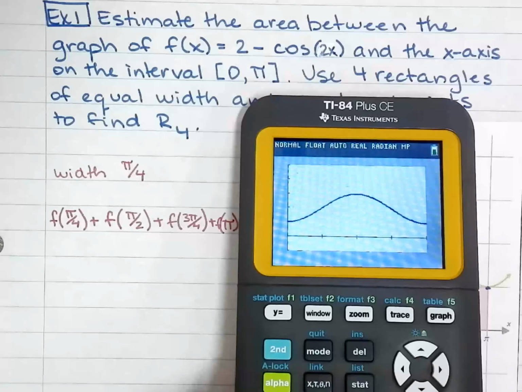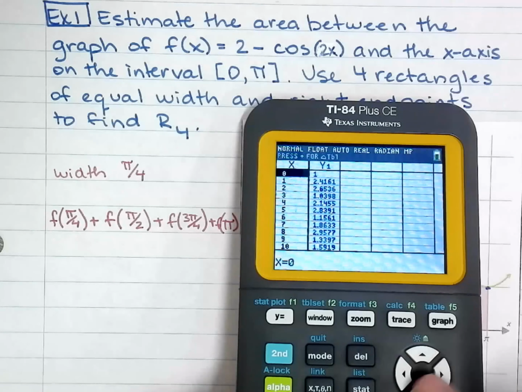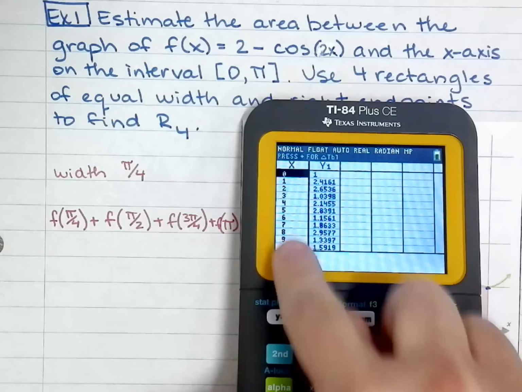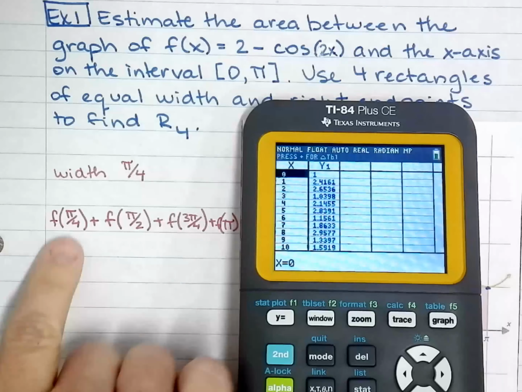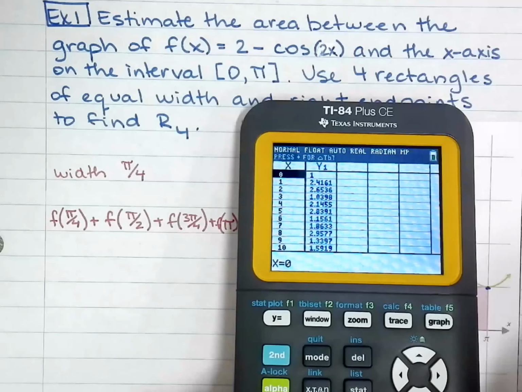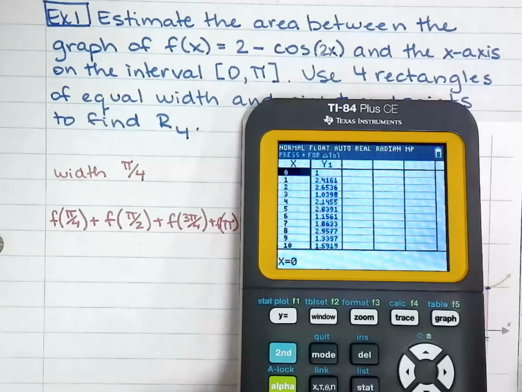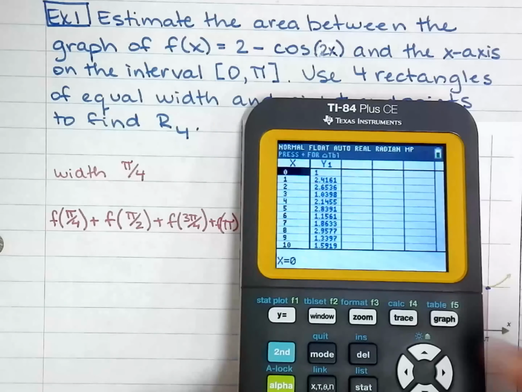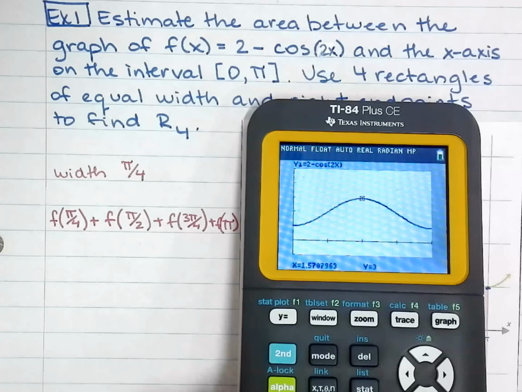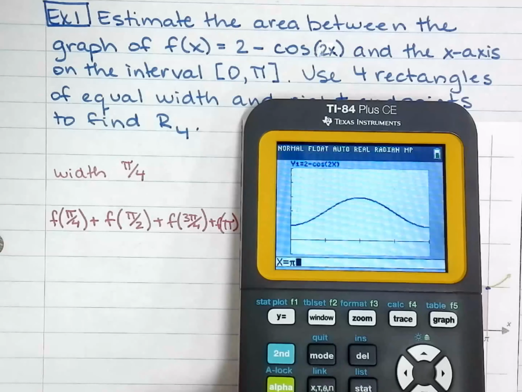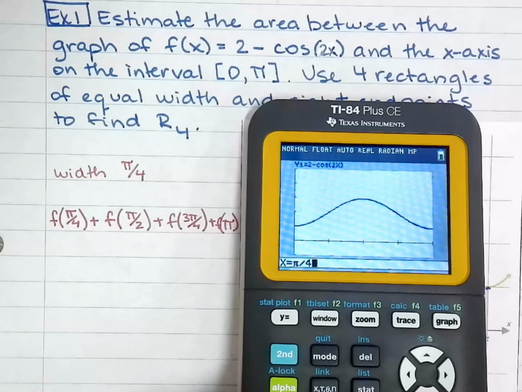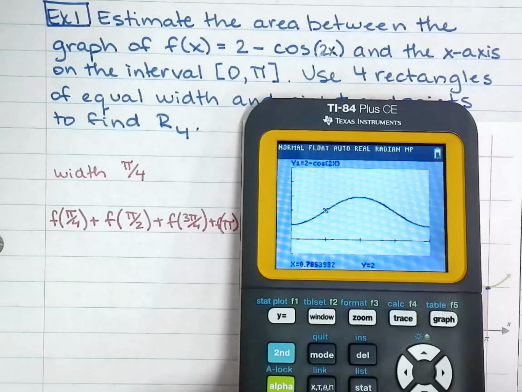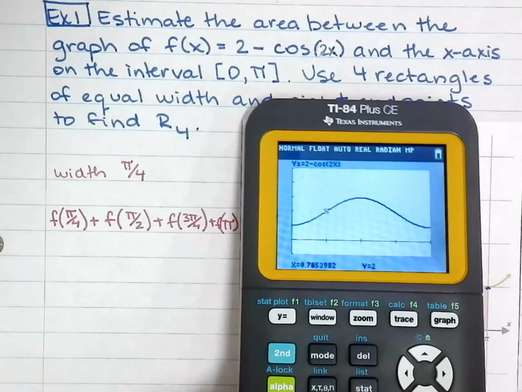You have 2 ways. One way is to go through the table, but your table is not going by every pi over 4. So you can change the table, but it's not really user-friendly. I would go from the graph and I would trace. So pi over 4, and it will give you the y value right there. So for pi over 4, I get 2.